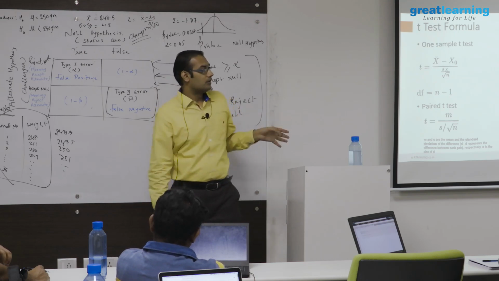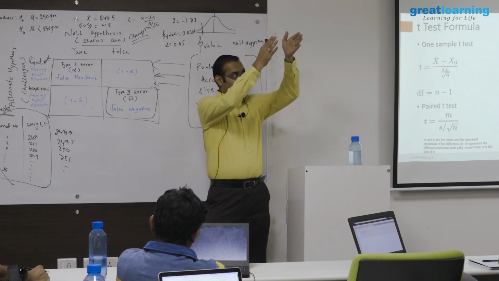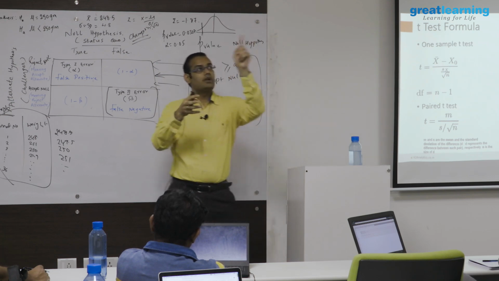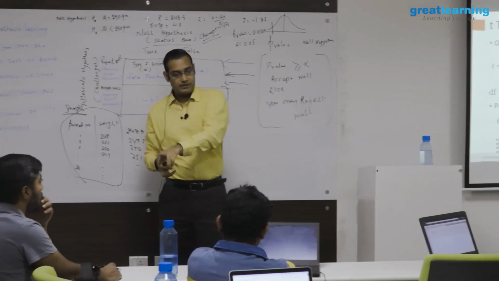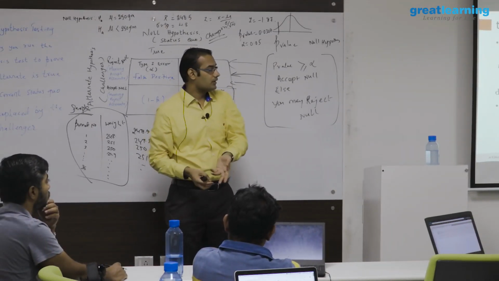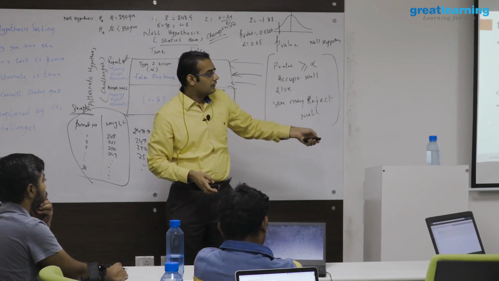All of them came for weight reduction. So I have weight before, weight after. I take the difference of weight before and after. There is a difference. That difference I note. I compute the mean of that. I compute the standard deviation of that. That is what it is.